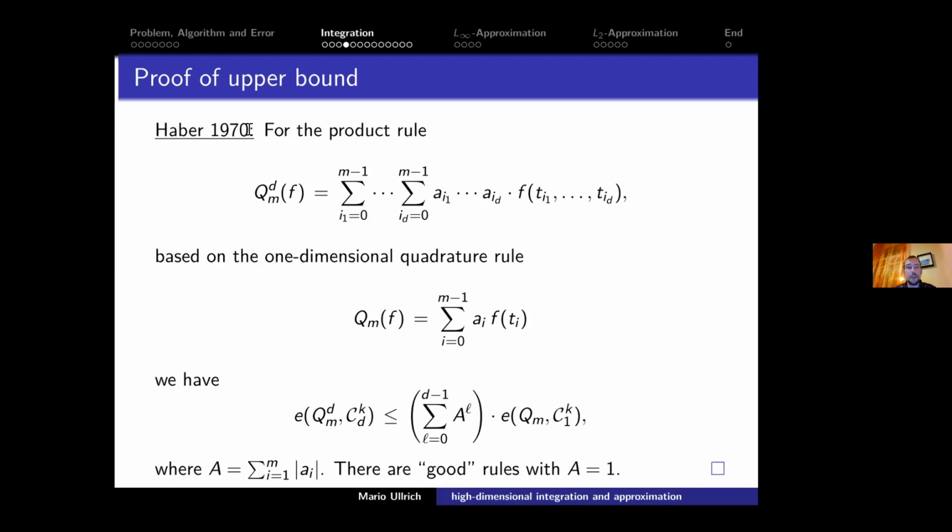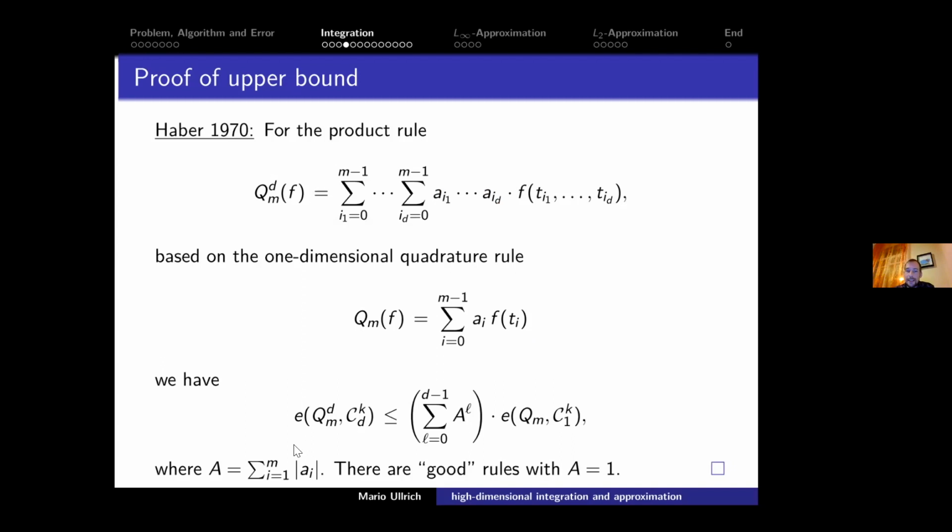We just did not know. If you consider just a product rule for numerical integration, so you have some weights which are of product structure, you have a function with these T_ij, so to say. So there's a product rule here based on some one-dimensional quadrature rule.